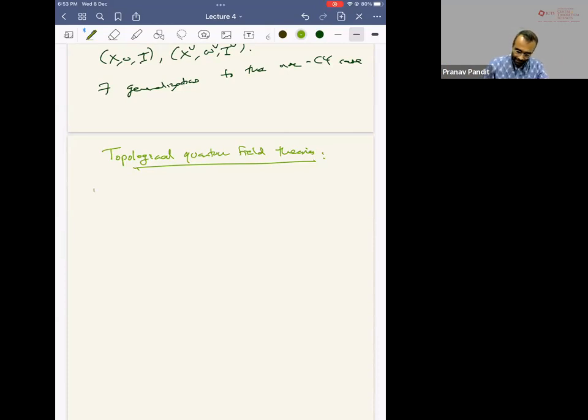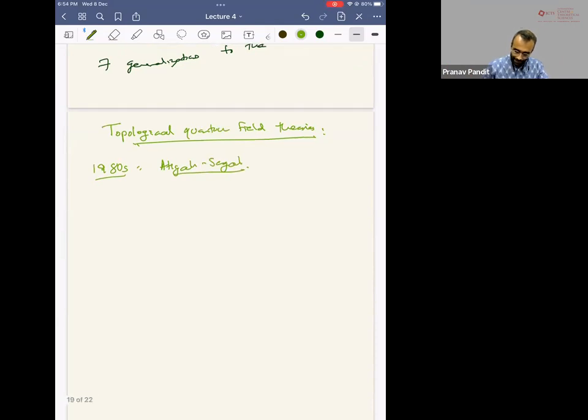So in the 1980s, Atiyah and Segal proposed the following framework: you define a category Cob_n whose objects are oriented (n-1)-manifolds.